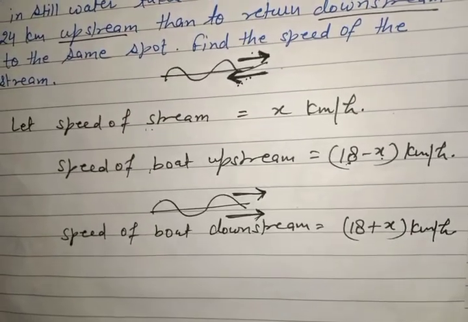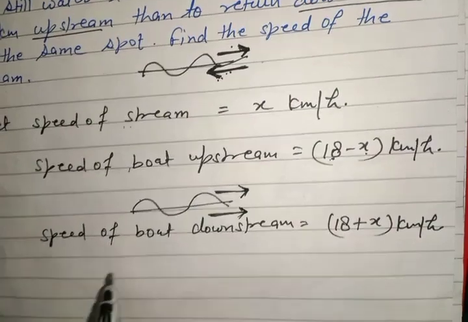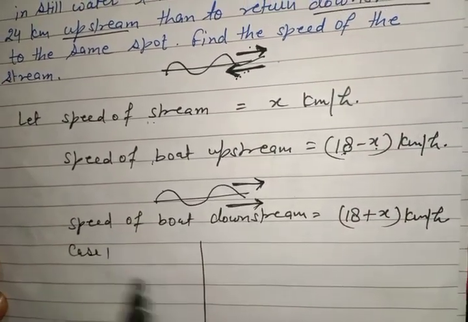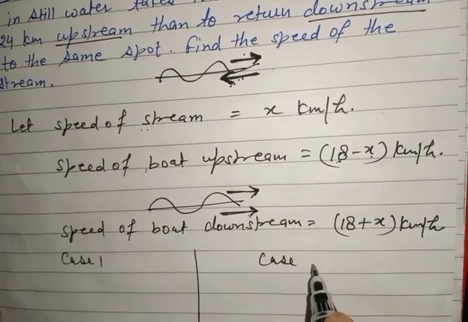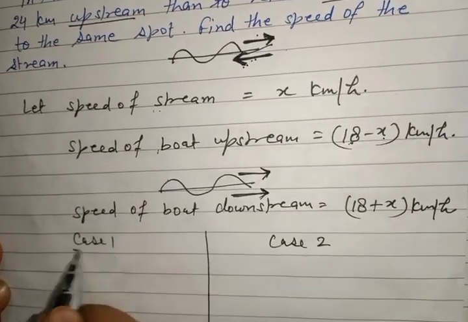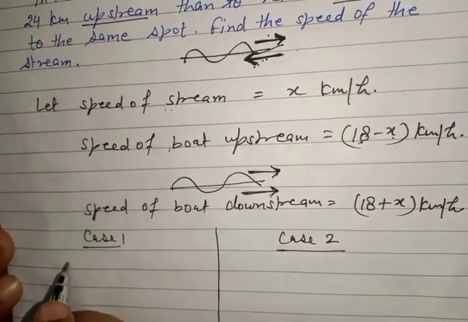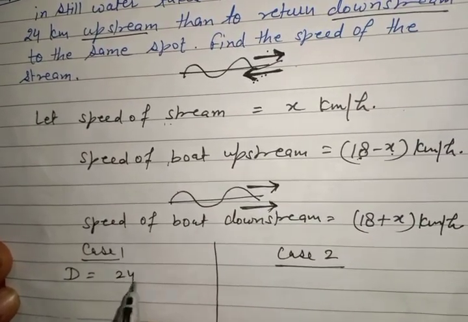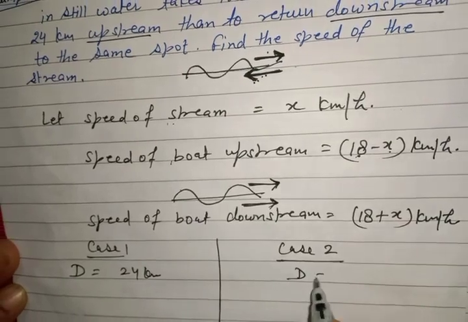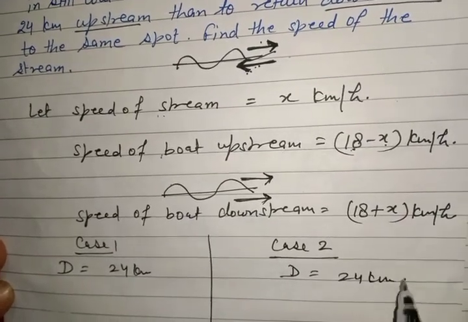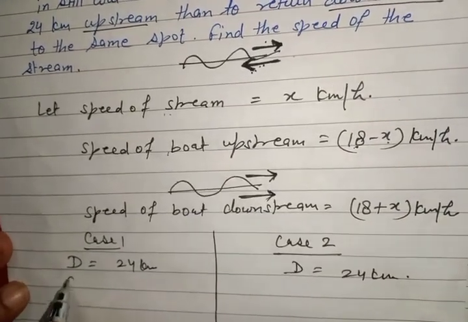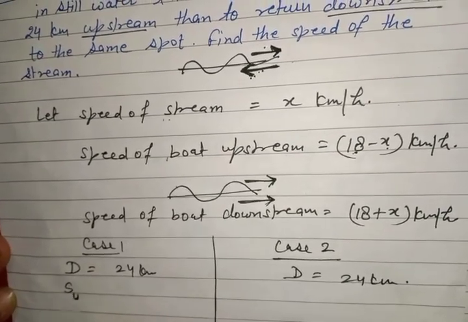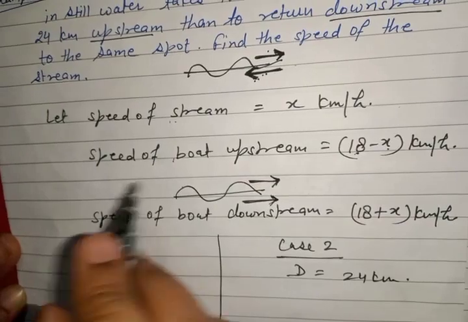And the distance, now we can make two cases, just like we have done in the speed of train question. If you remember, same we will make here. Distance is same, 24 kilometers. Here also distance is same, 24 kilometers, and speed I am writing here, upstream. I am writing in short, you can write the complete sentence.